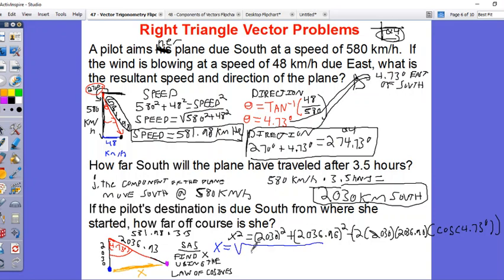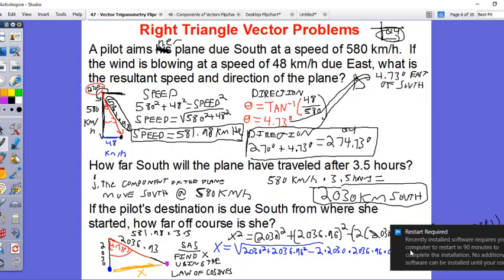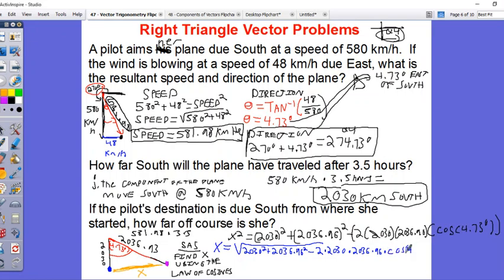We're going to have a big square root of 2030 squared plus 2036.96 squared minus 2 times 2030 times 2036.96 times the cosine of 4.73. All right, let's hope this restart doesn't mess me up.